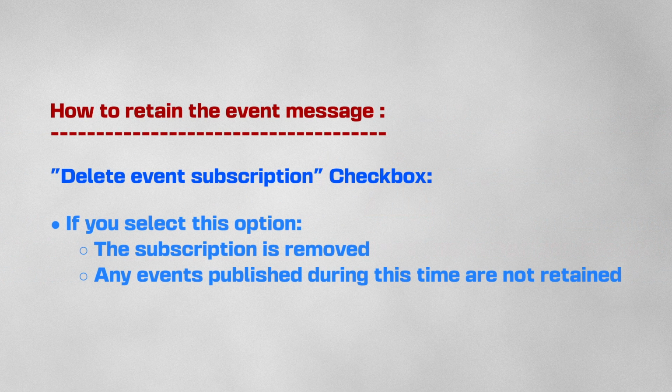Whenever you deactivate a subscriber integration, if you want to keep the event subscription on in order to retain the event messages, OIC shows a checkbox called delete event subscription. If you select this option, your subscription is removed, and any event published during this time will not be retained.